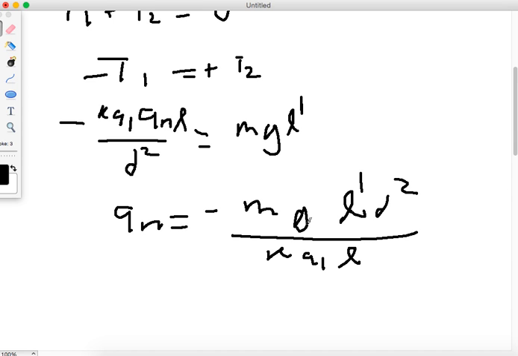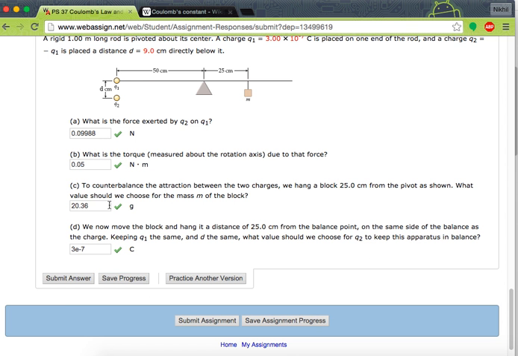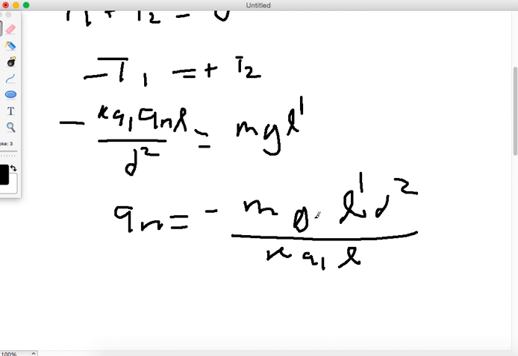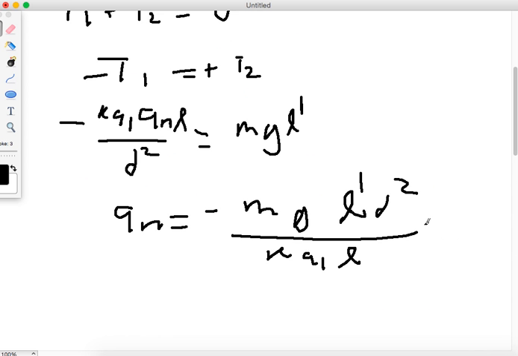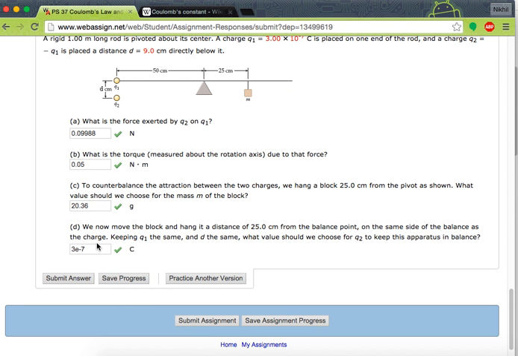If you plug in all the values, you know m from part C, you know g, this is 0.25 meters, this is 0.5 meters, and D gives you 0.9 centimeters, which is 0.09 meters. You know K, you know Q1, so you can find Q2, and it happens to be this.